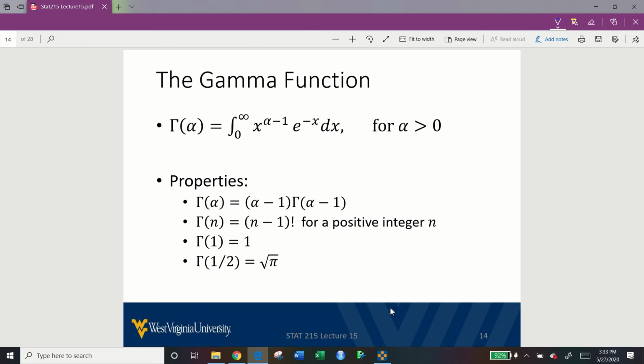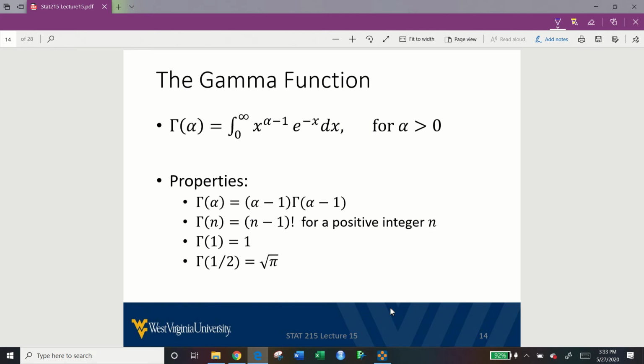Gamma of alpha equals the integral from 0 to infinity of x to the alpha minus 1 e to the negative x dx, for alpha greater than 0. The gamma distribution is dependent on the parameters alpha and beta. Alpha is an essential part of the gamma function. Some properties of the gamma function are that gamma of alpha is equal to the quantity alpha minus 1 multiplied by gamma of alpha minus 1.